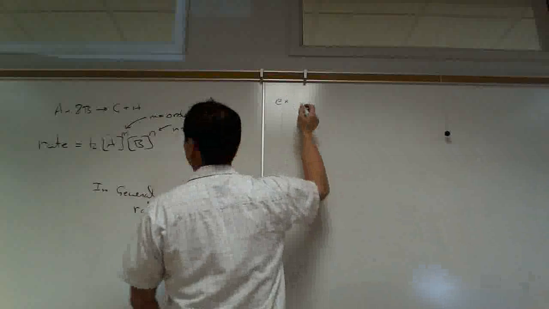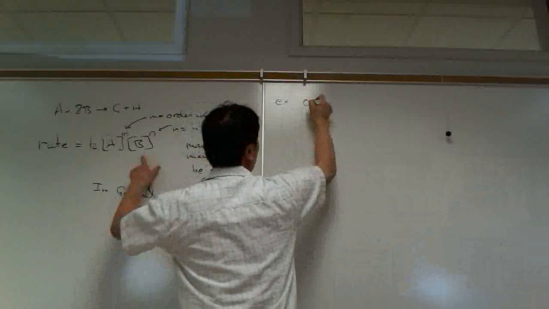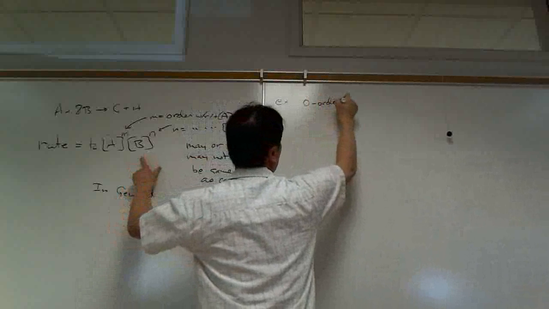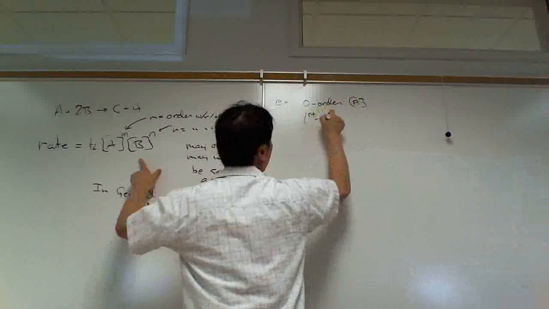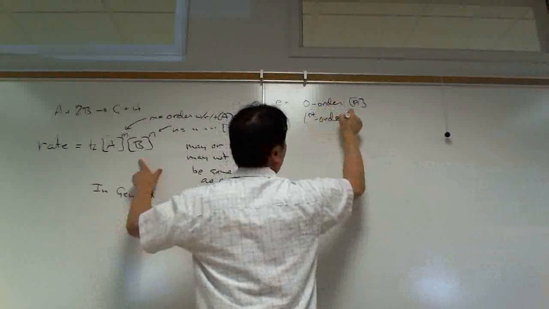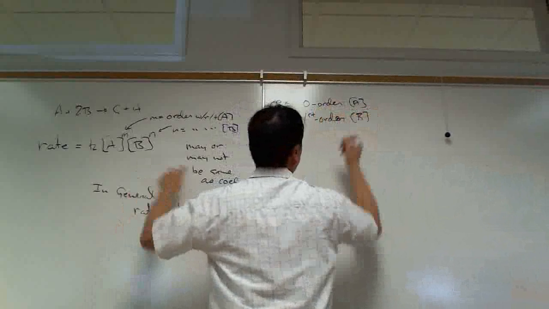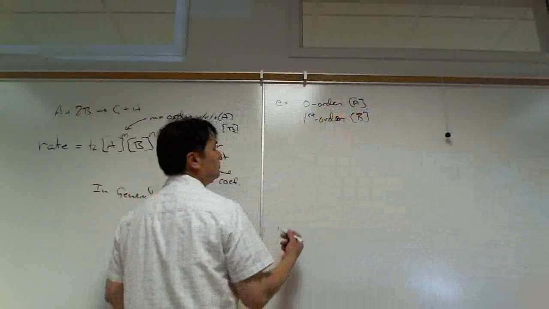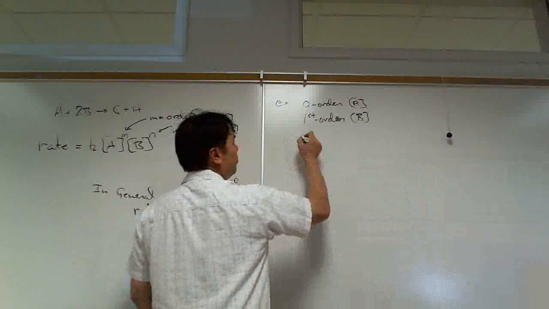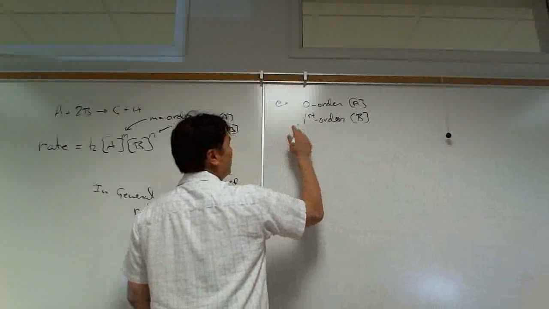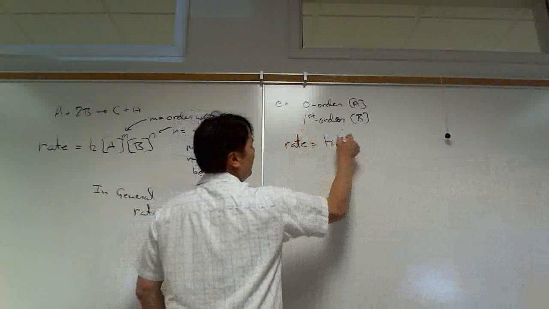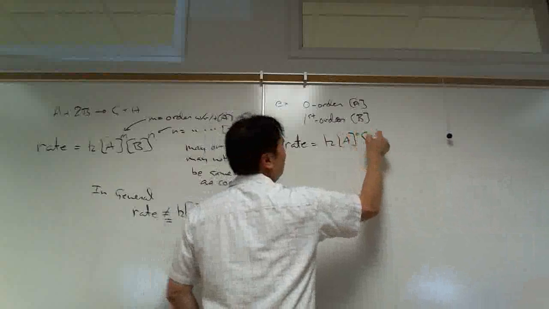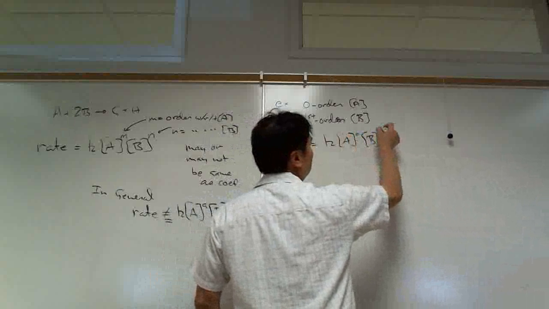An example, let's say it's zero order in A and first order for B. That means overall it's going to look like this. The rate is equal to k, A to the 0, B to the first.